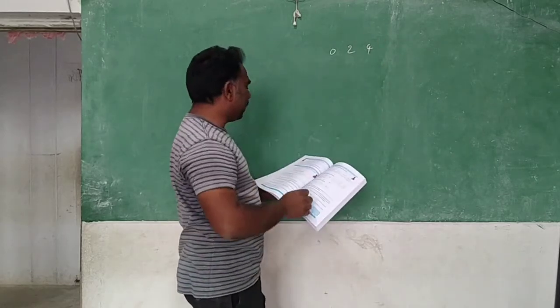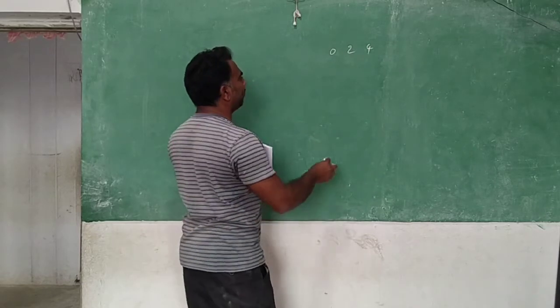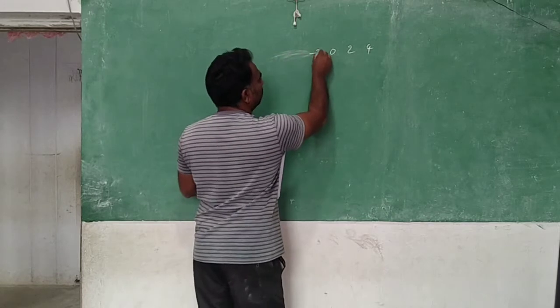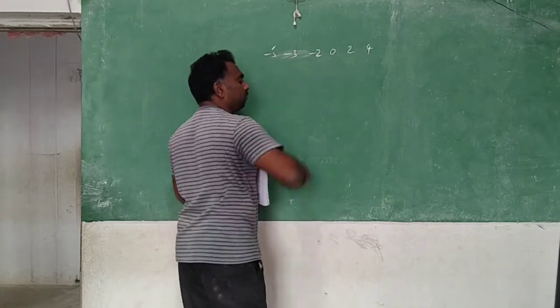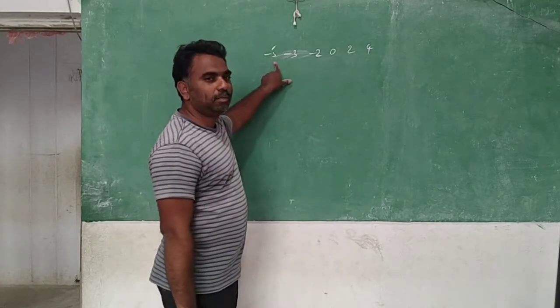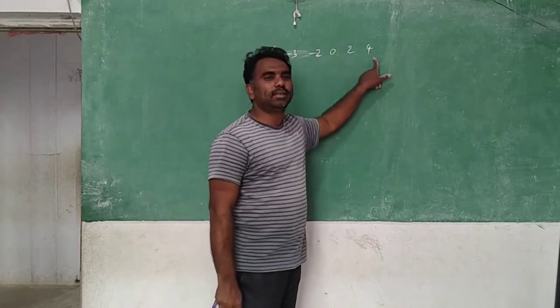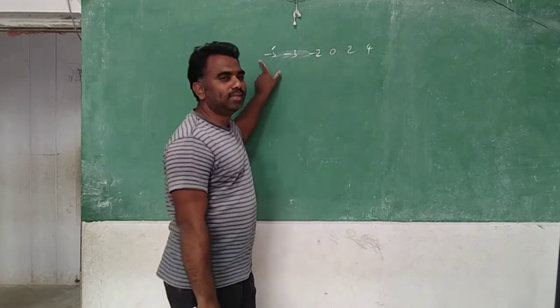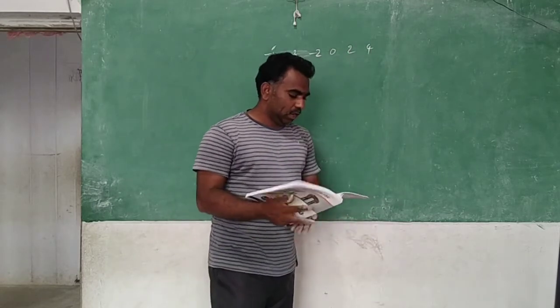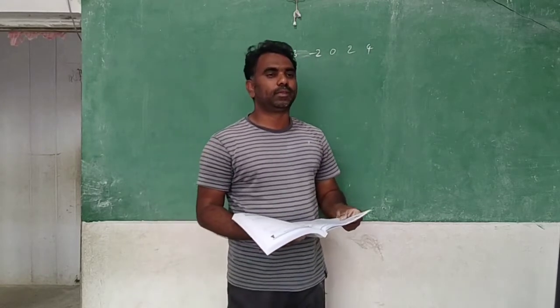So what are the negative numbers here? -2, -3, -5. We will not write like this, we will go like this: -2, -3, -5. Now you can say this is the smallest number and this is the biggest number. So like that you can solve the first bit.